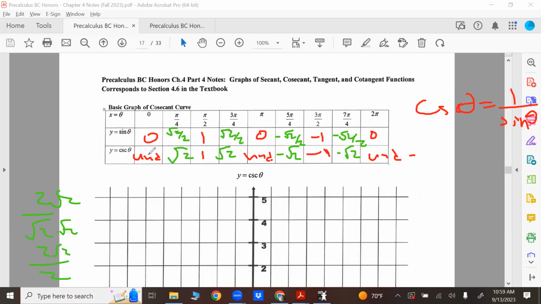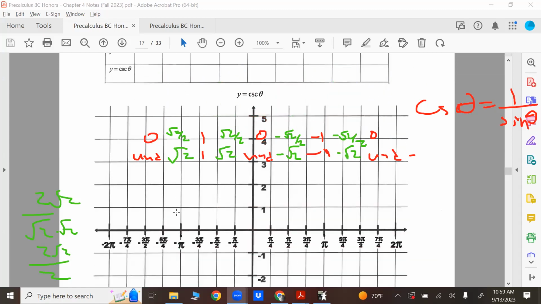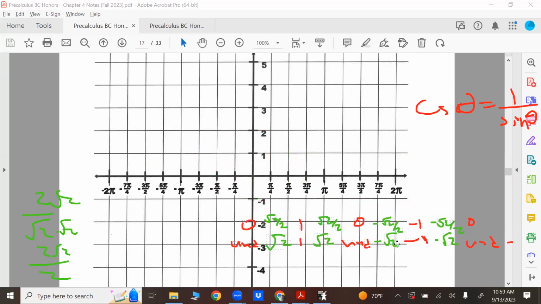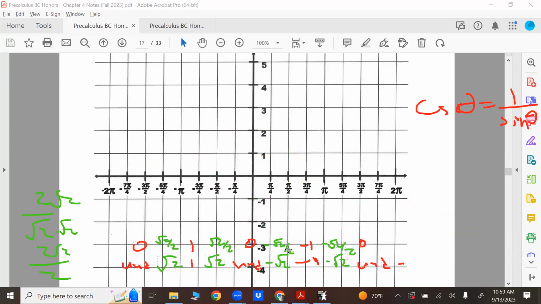let's do this. Let's go and do the plot. Let me move this because this would be nice to have. And let's see if it lines up.